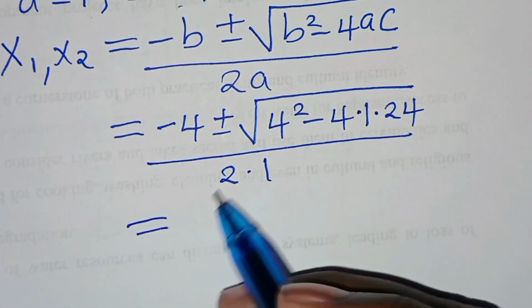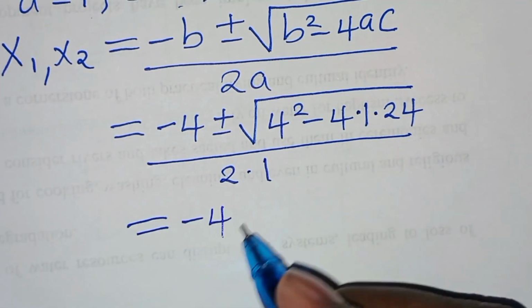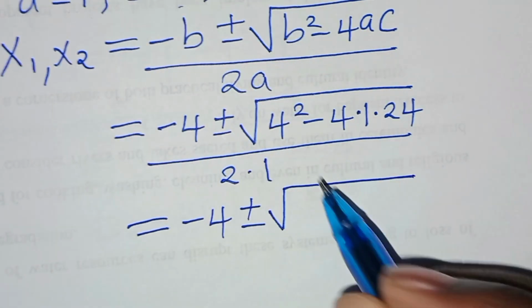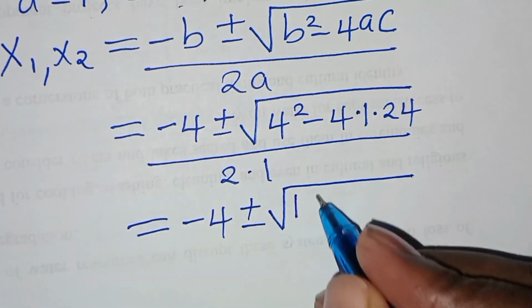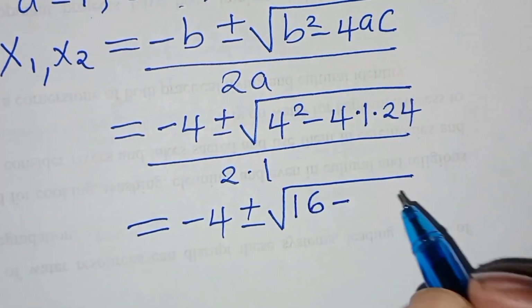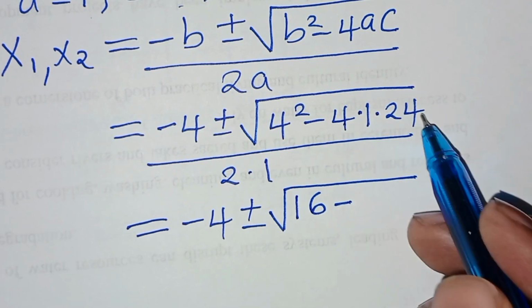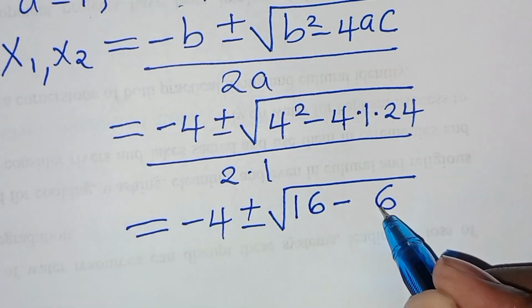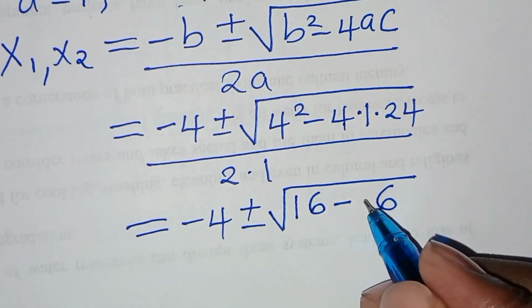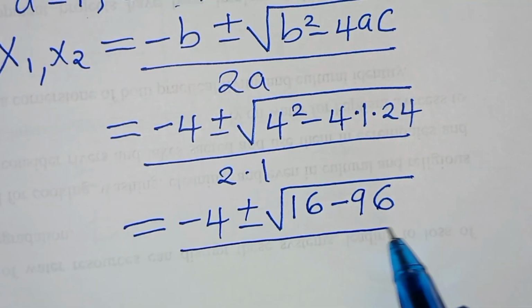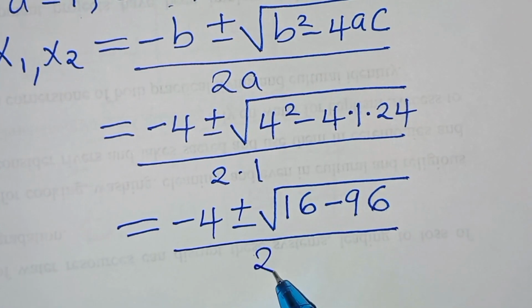So here we have minus 4 plus or minus the square root of 4 squared, this is equal to 16, minus 4 times 24. 4 times 4 is 16. Carry 1, then 4 times 2 is 8 plus 1, 9. So this is 16 minus 96, divided by 2.